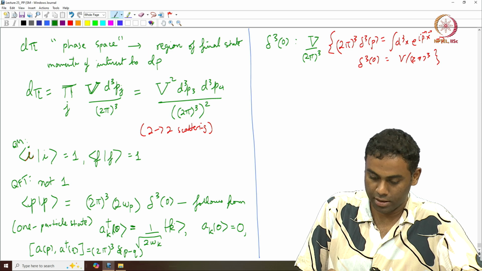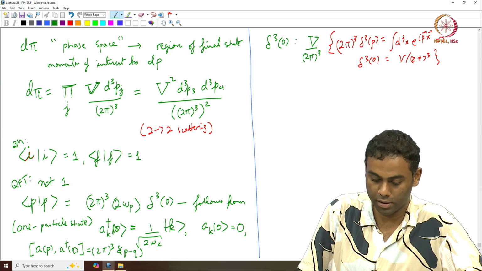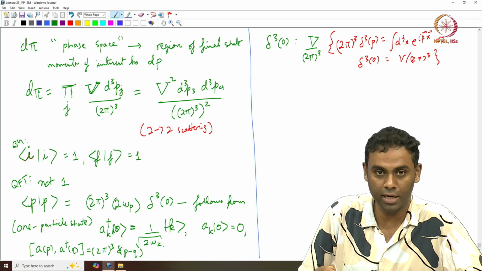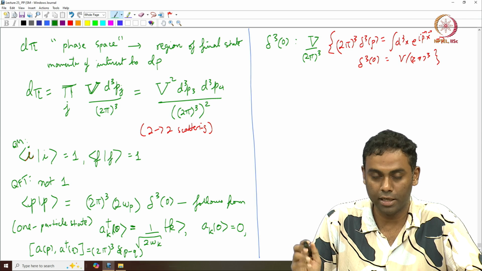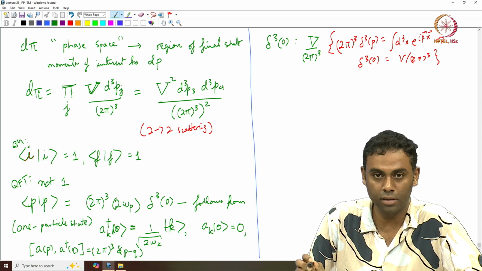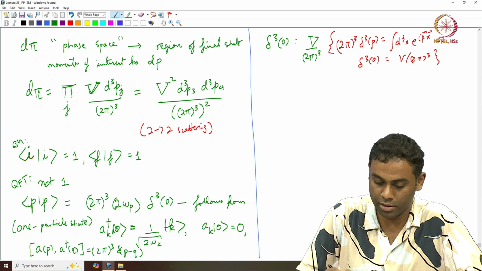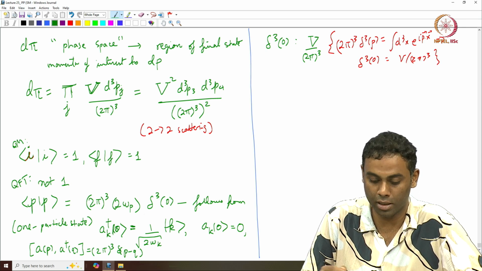That's how we get it. So basically, this k is what I just promote. I take the square root of 2ω to the other side, and I have an expression for the p state, right? And then I do the sandwiching. I'm going to get basically the square of that square root of 2ω. That's what I'm getting here.